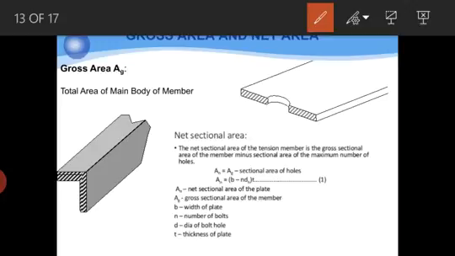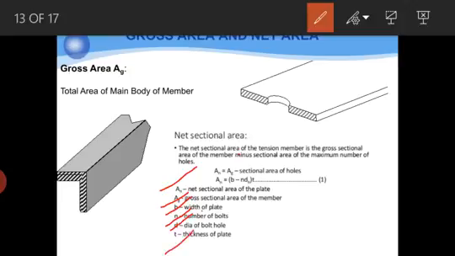AN represents the net sectional area of the plate, AG represents the cross sectional area of the member, B represents the width of the plate, N represents the number of bolts, D represents the diameter of the bolt hole, T represents the thickness of the plate.